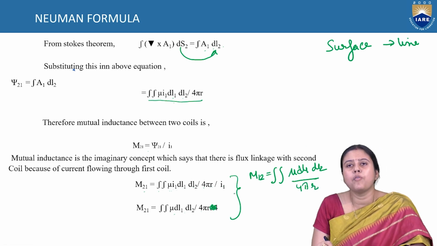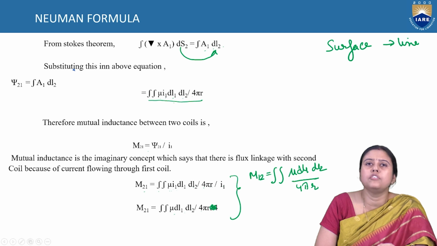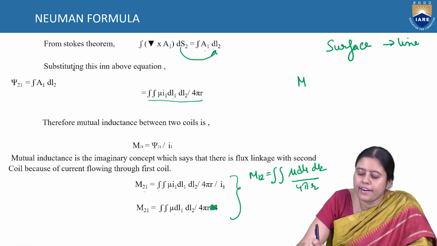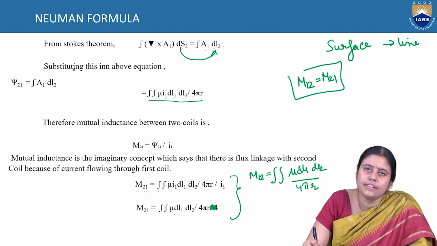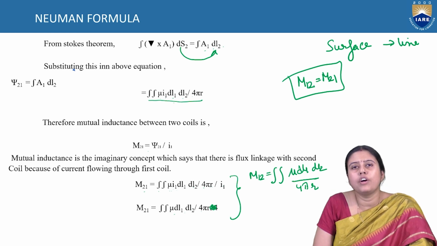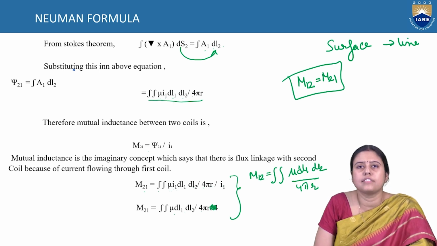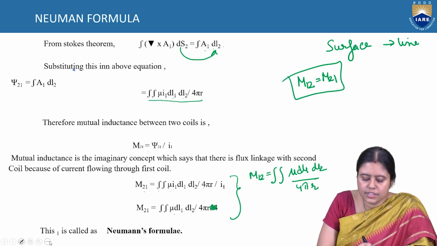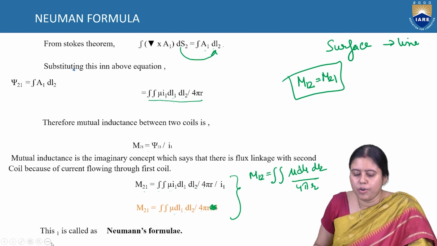You can see M12 and M21 both don't depend on the current value. So we can write M12 is equal to M21 in this case. According to Neumann's formula, the mutual inductance of two circular coils is always equal. So this is known as Neumann's formula.